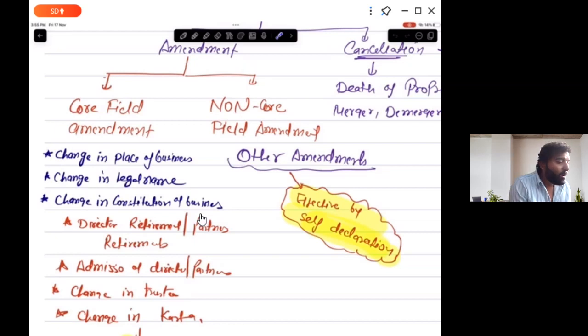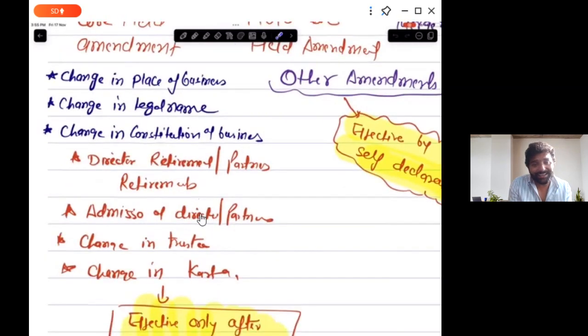Now, what does amendment in core field mean? If you are having an address change, or a change in legal name, or if your constitution is changing, like your partners are retiring, your directors are retiring, you are admitting new directors, admitting new partners, your trustees have changed, your karta is different.